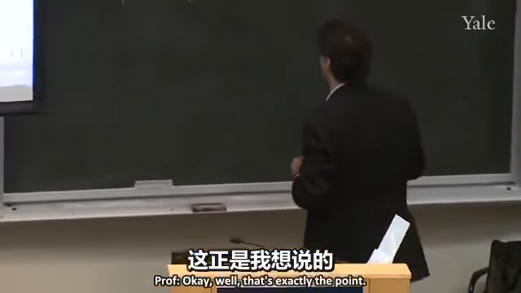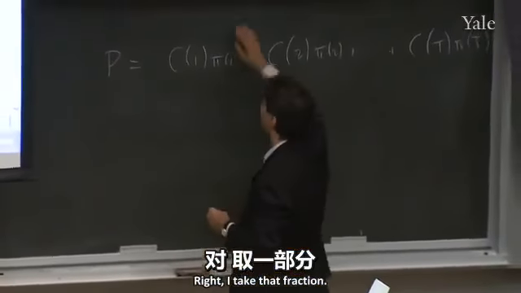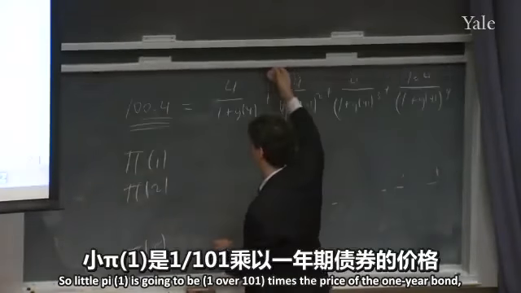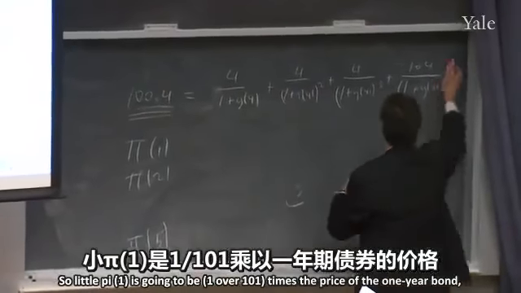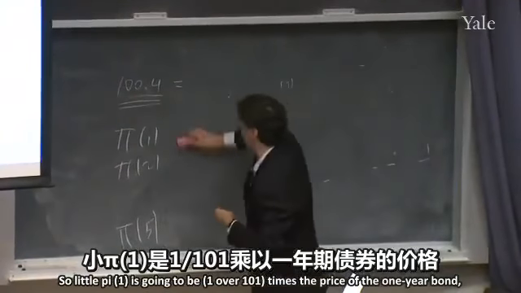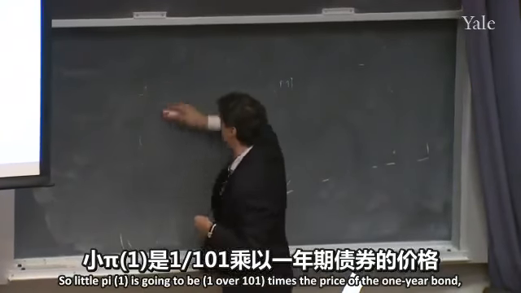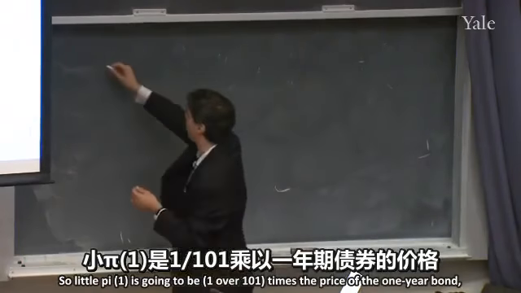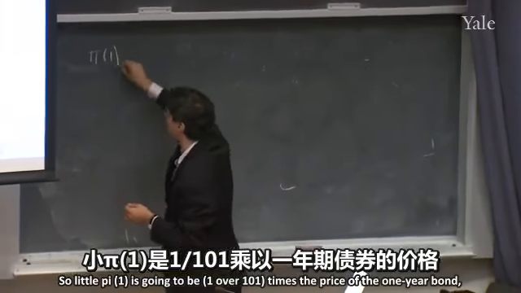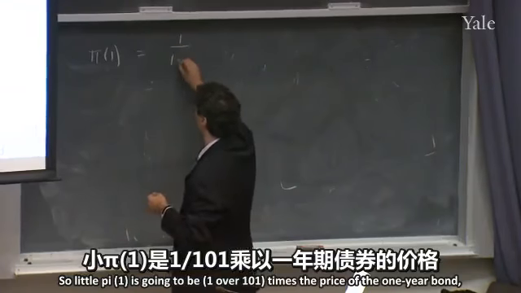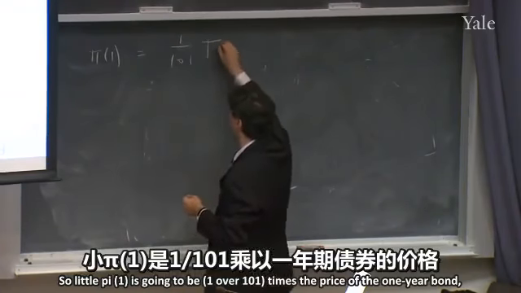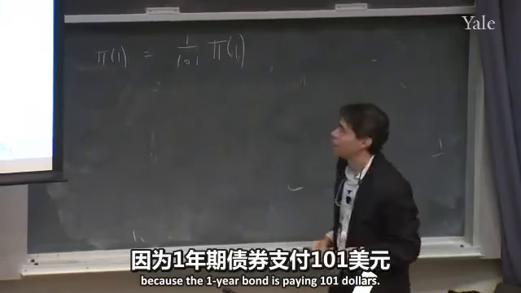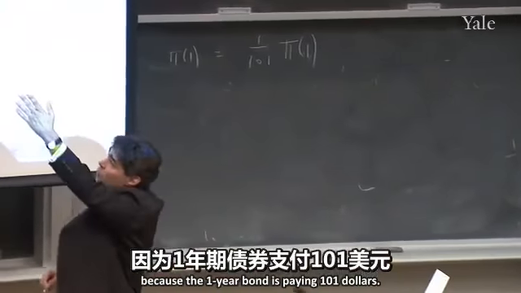Okay, well, that's exactly the point. Okay, right. I take that fraction. That's what I want you to tell me. So, pi 1 is going to be 1 over 101 times the price of the 1-year bond, because the 1-year bond is paying $101.